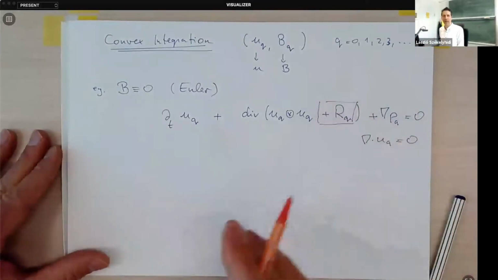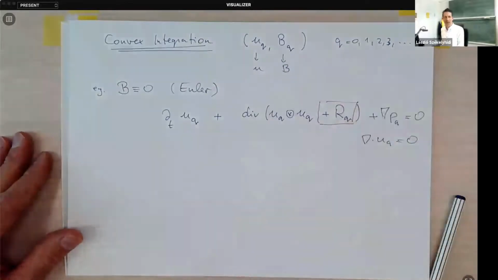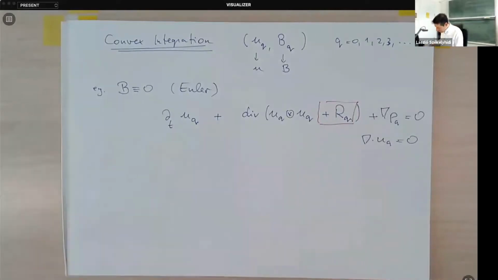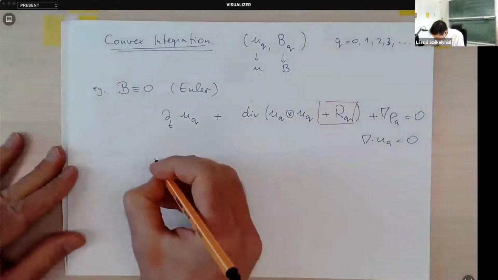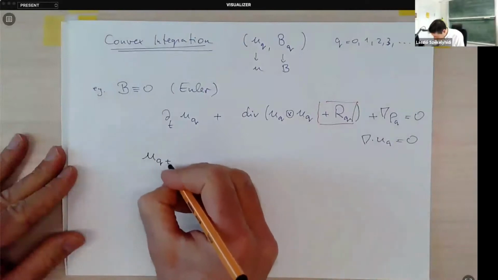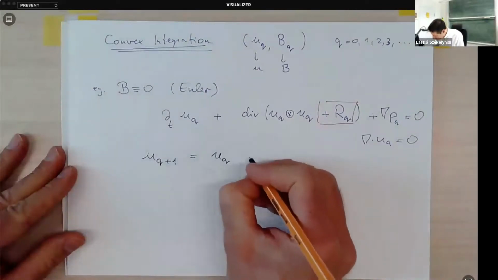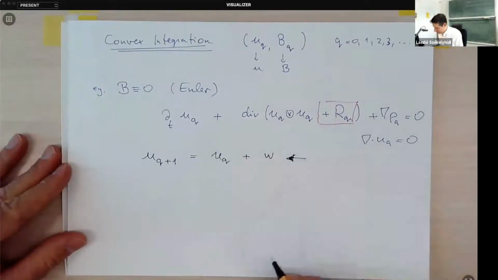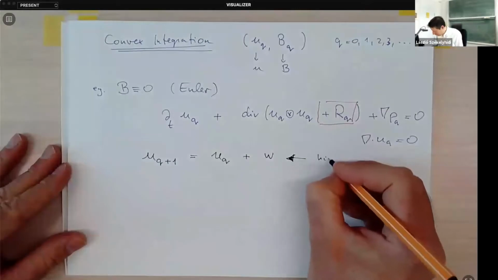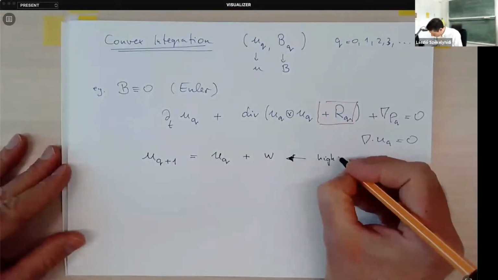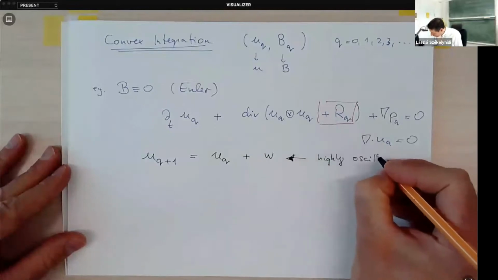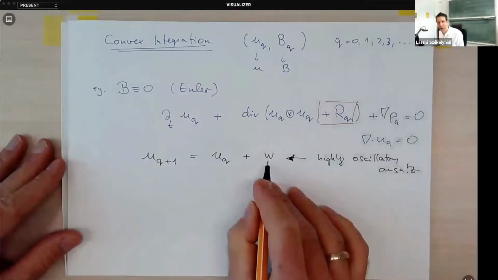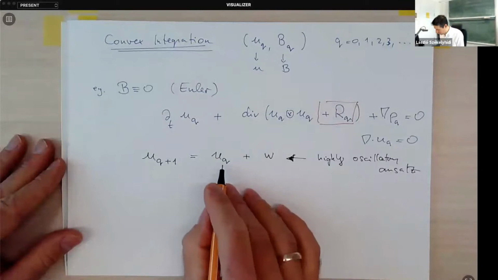We want to get this to be 0 eventually in this sequence, and so the main point is how to choose the next one. U_{q+1} should be U_q plus some W, and that's somehow the key point in convex integration, I would say. This is what you have to solve first: a highly oscillatory ansatz. So it's a periodic function, which somehow then has to be fit to U_q.